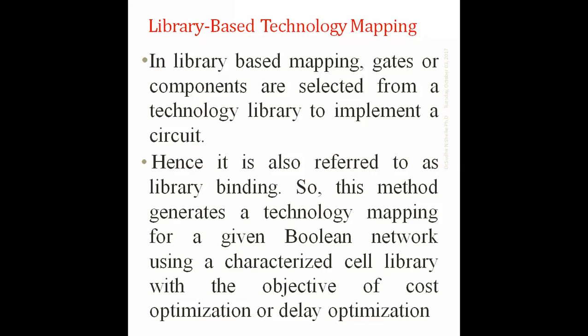That means the design cost will be reduced, and the delay time for the design is also going to be optimized. So in library-based technology mapping there are two things: cost optimization and delay optimization with respect to the design.